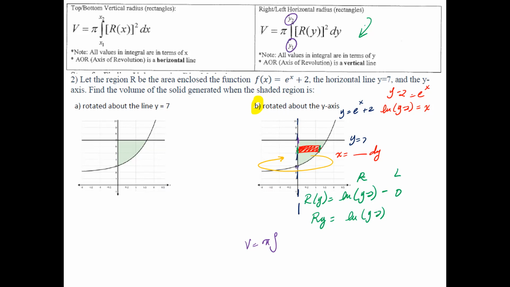And so we're looking at from here, which is y equals 3, up to here, which is y equals 7. So 3 to 7, ln of y minus 2, squared, dy.